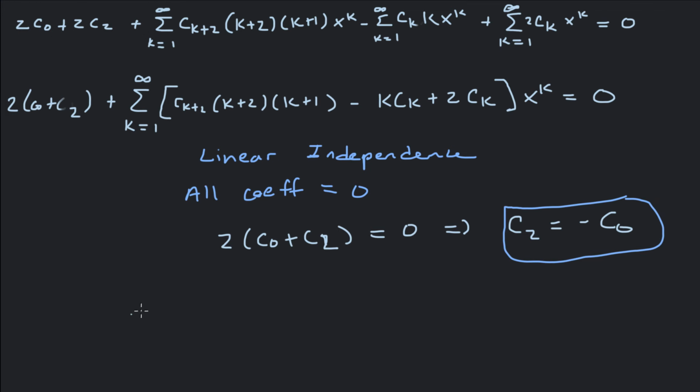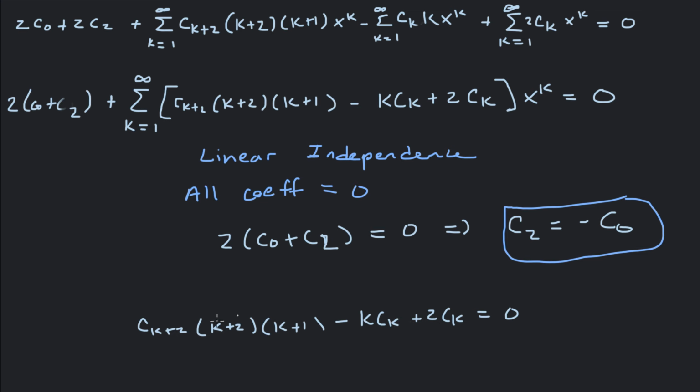And then we want to set everything in the bracket equal to 0. So we get Ck plus 2 times k plus 2 times k plus 1 minus kCk plus 2Ck equals 0. And what we're going to do in general is solve for the larger index, Ck plus 2 in this case. We always want to get the larger coefficient in terms of a smaller coefficient, at least as far as indices go.